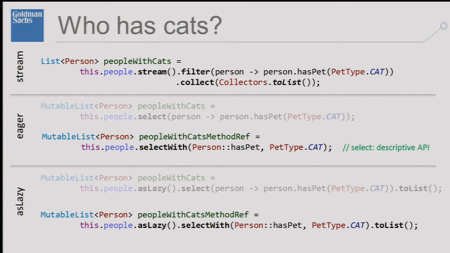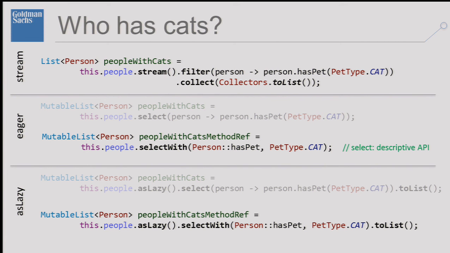We have select and selectWith, so we don't have collectors in the same manner, and they actually return a collection. So for the majority case, I think, where you're reading data into another data structure of the same type that you're reading from, you can get a bit less code.